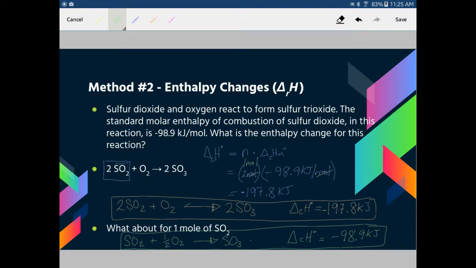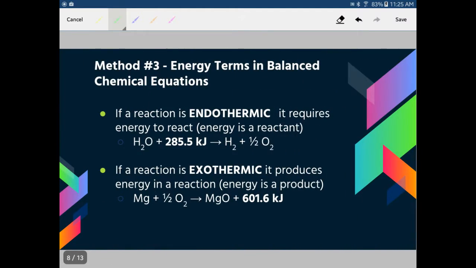Okay, so let's take a look at method number 3. We can record our enthalpy changes in our balanced chemical equation. So we have to consider our chemical equations in 2 separate categories. We need to think of it first as one category being endothermic and the other category being exothermic.